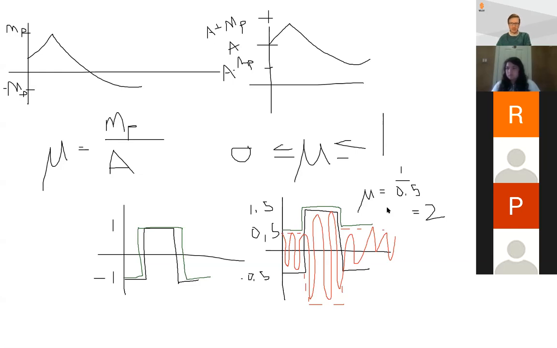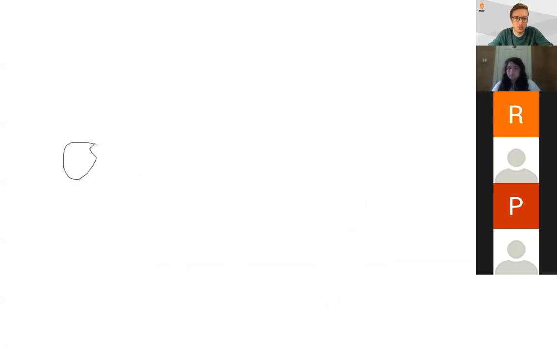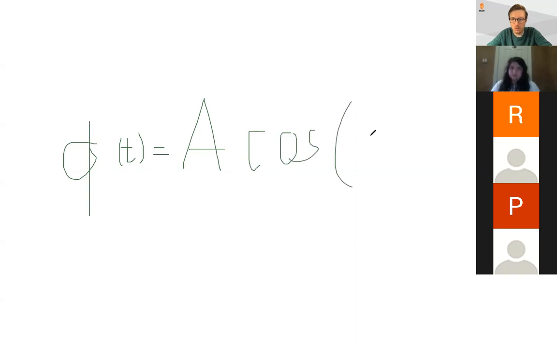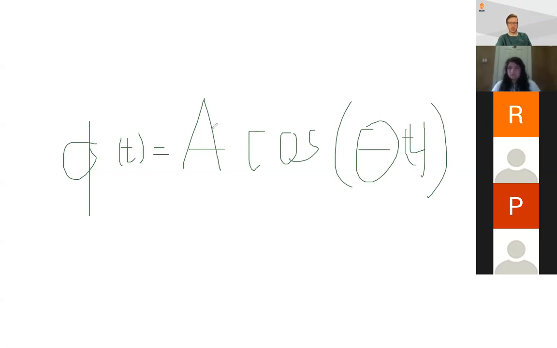So a cosine of theta: between frequency modulation and phase modulation, you're changing theta, but the amplitude isn't doing any of the modulating.